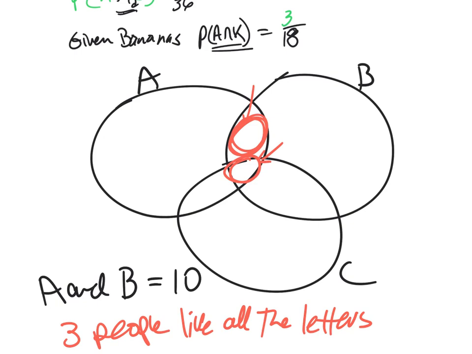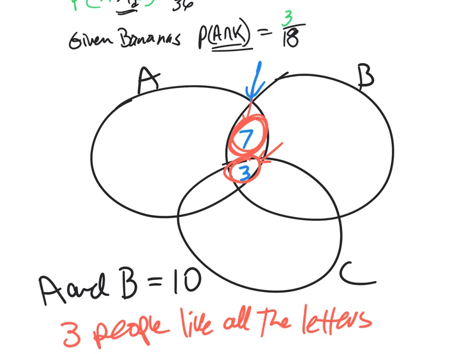You'd have a 3 in the middle because 3 people like all of them, and then you'd have a 7 between A and B. Yes. So it equals 10. Excellent. So just be really careful with that one, guys. I see that all the time when we're testing. If I tell people that there's 10, they'll slap it in the spot where the 7 is. But the A and B includes both of those spots.